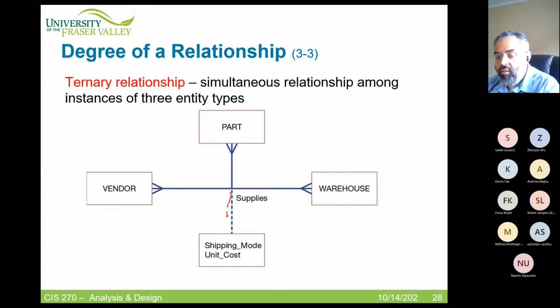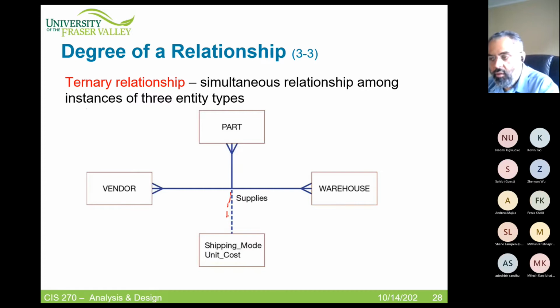Maybe I will create an entity, I will name it associative, but we will talk about it later. So when we see this sign, we will have this attribute related to this relationship.